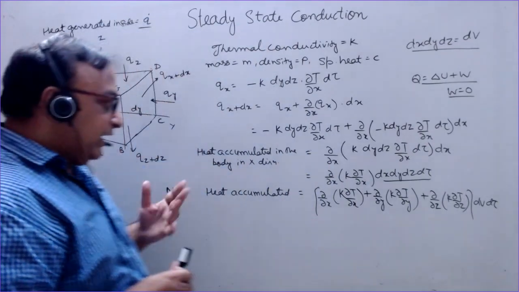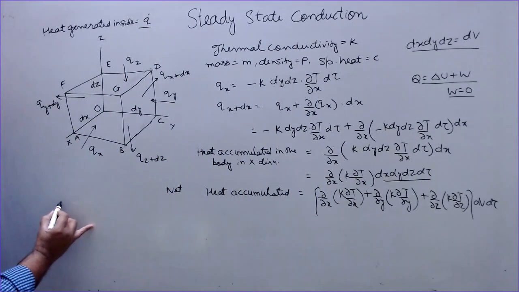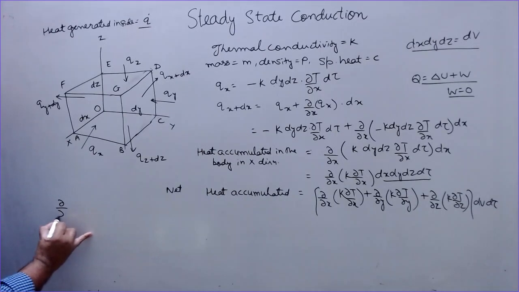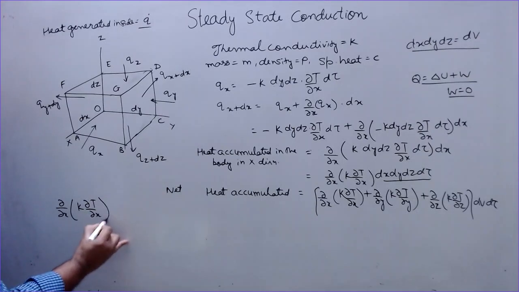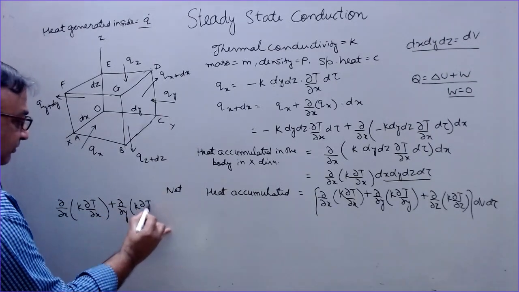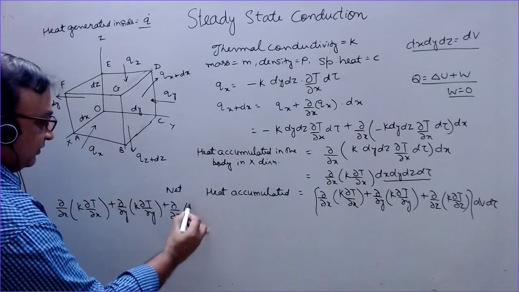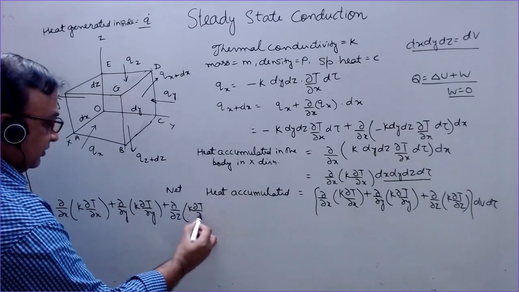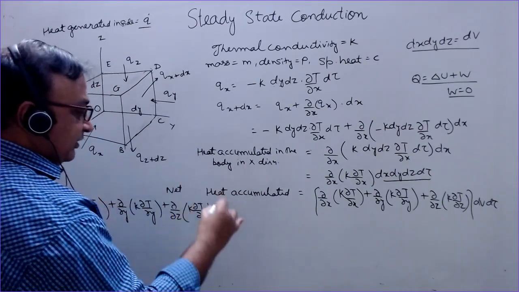So net heat accumulated. So I will write that del by del x, k del T by del x plus del by del y, k del T by del y plus del by del z, k del T by del z, plus the heat produced inside.